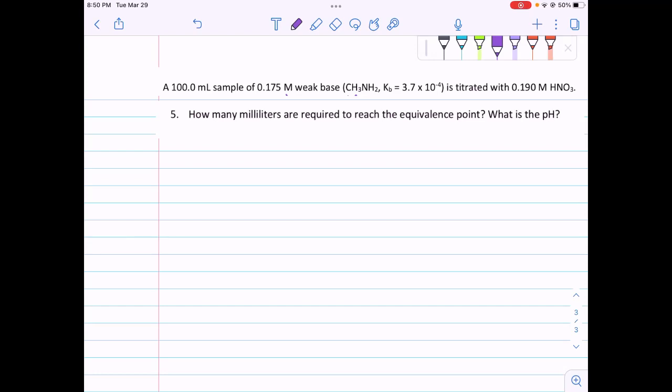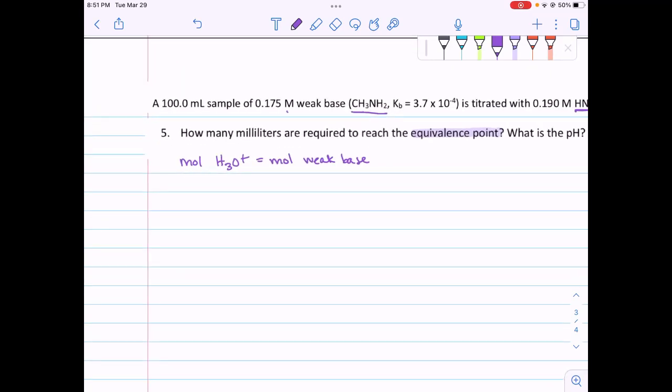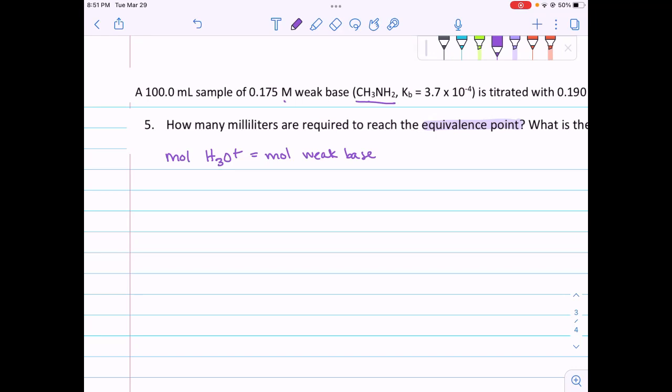So at the equivalence point, what this means is that the moles of strong acid, in this case, remember our strong acid is this HNO3, is going to be equal to the moles of weak base. And our weak base in this case is CH3NH2. So let's start by figuring out how many moles of weak base we have.